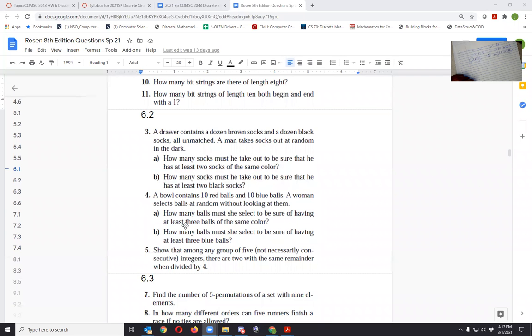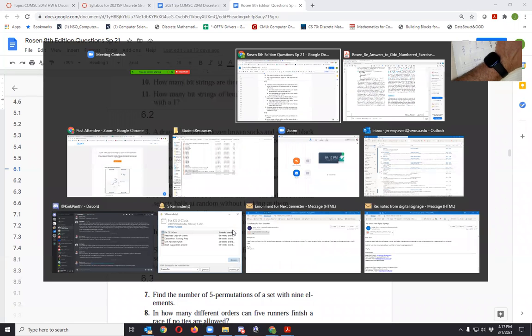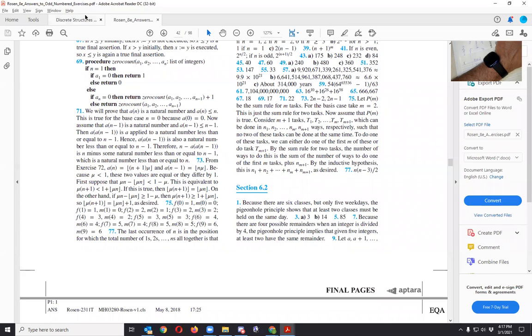Part B. It says, how many balls must you select to be sure of having at least 3 blue balls? Okay, now that is a significantly different question. So we've got 10 red and 10 blue, and you want 3 blue. Okay, so let's go see what they have in store for us there.